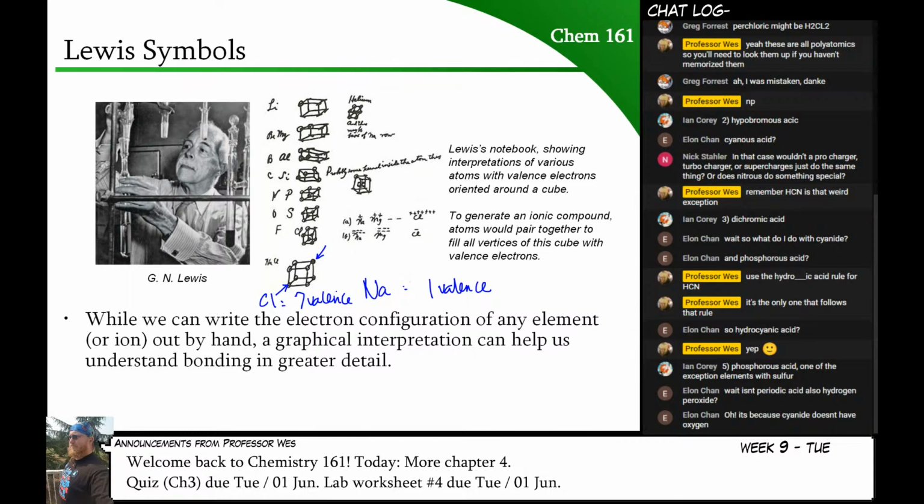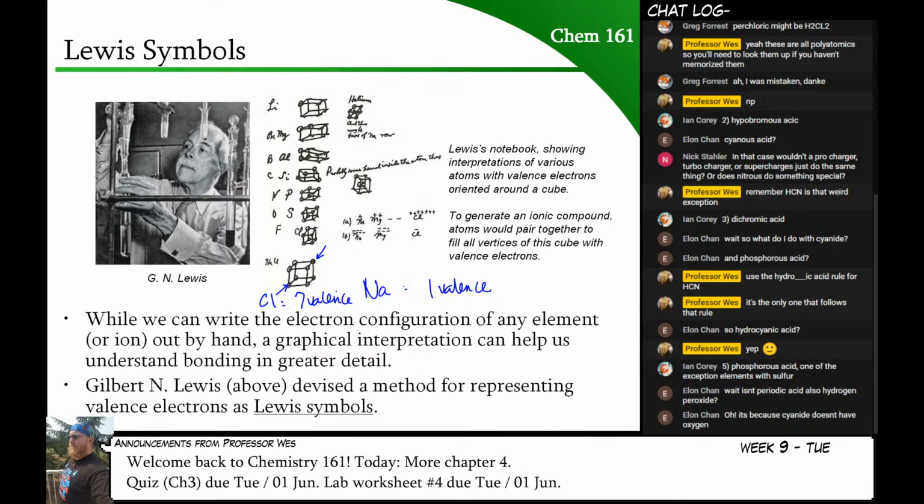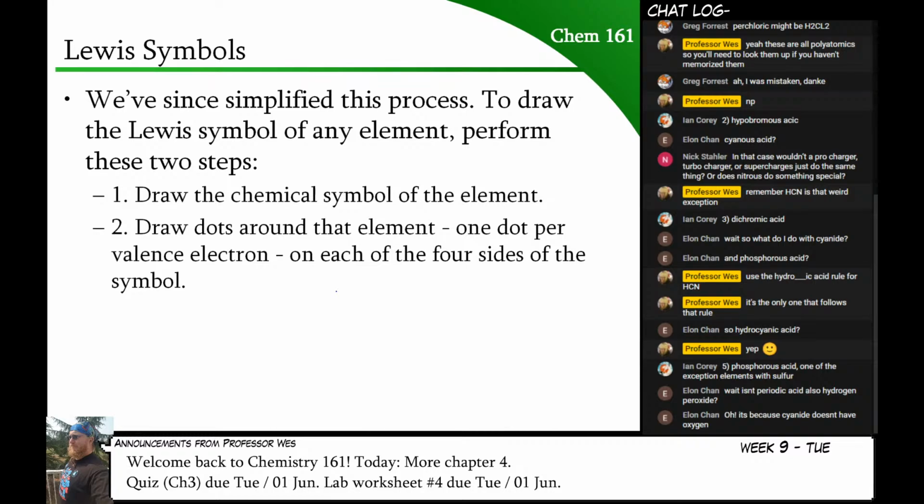And so what we do is we have incorporated his Lewis structure, not with this cube standard, but with a bunch of dots around stuff, and we've called them Lewis symbols in his honor. And the Lewis symbol might be the most useful thing that we will cover in this class in terms of what do molecules look like.